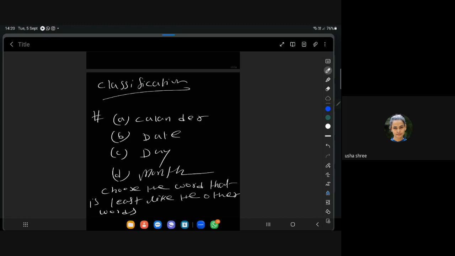That means out of four words, there are three words which have some similarity between them. One word is there which is not similar.